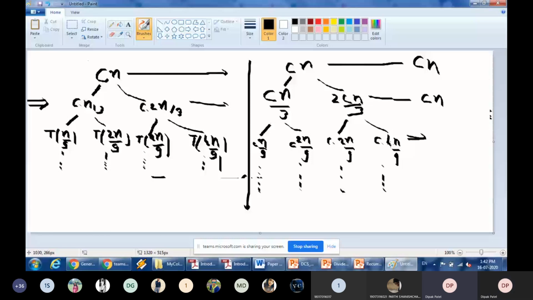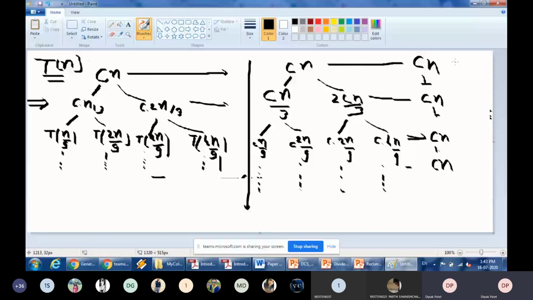So we assume that at each level the cost is Cn, because to find the total cost we need to add the cost at each level. After all, we have represented this tree as a solution of one recurrence Tn. We are solving this recurrence Tn, so if we add all this cost, we'll get the final answer.